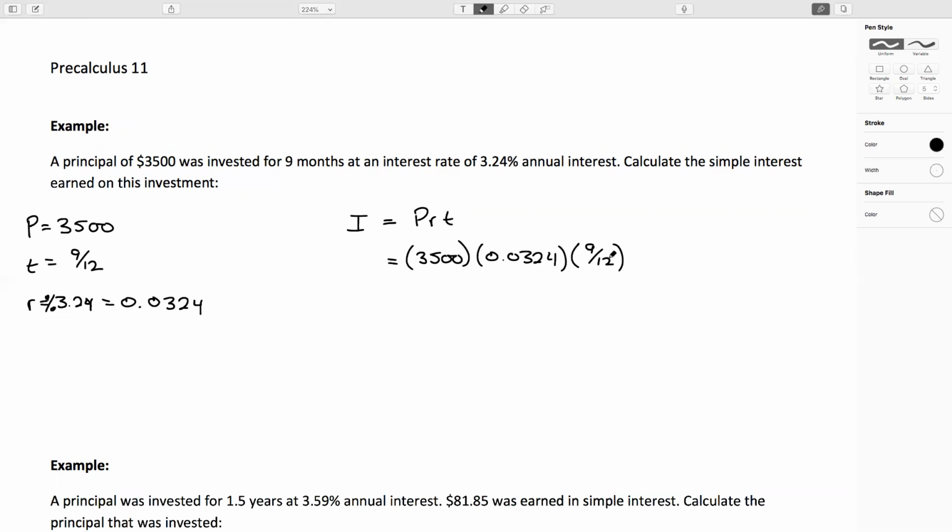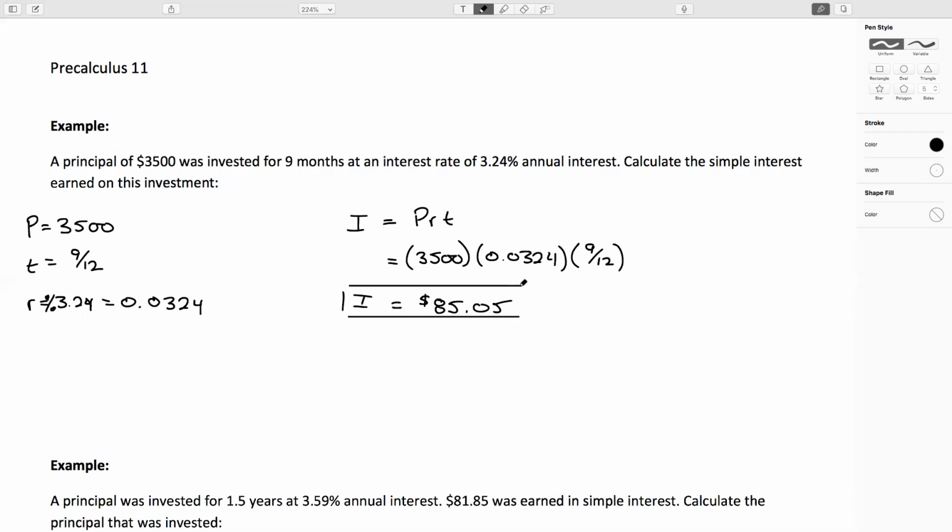So when we multiply these together, we end up with $85.05 in interest. This is a little bit more realistic.